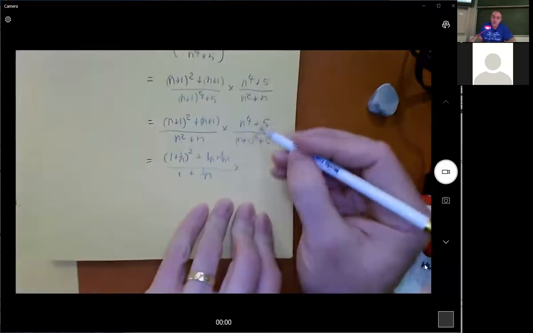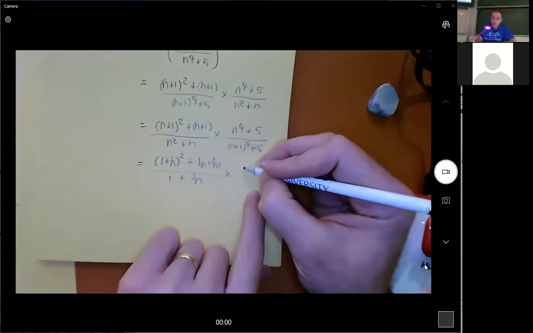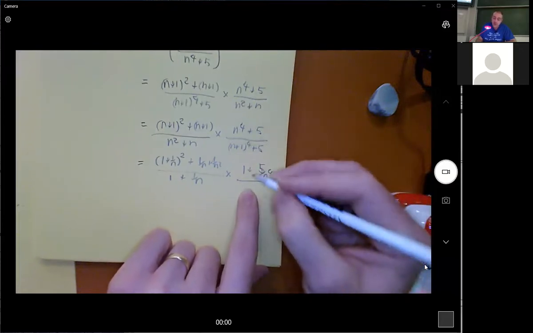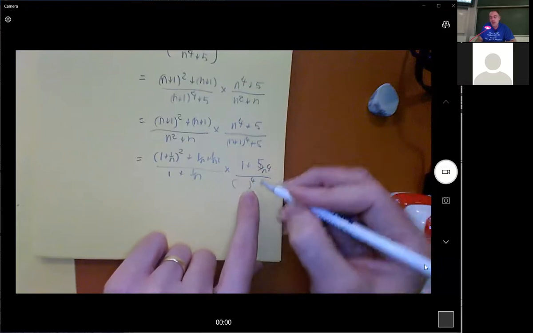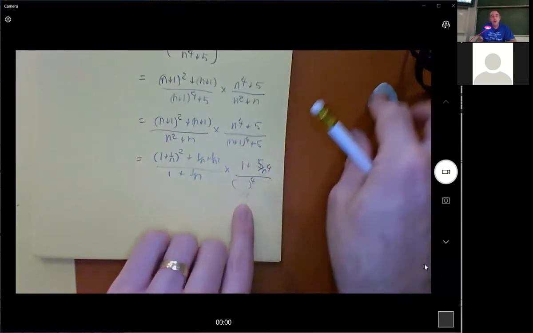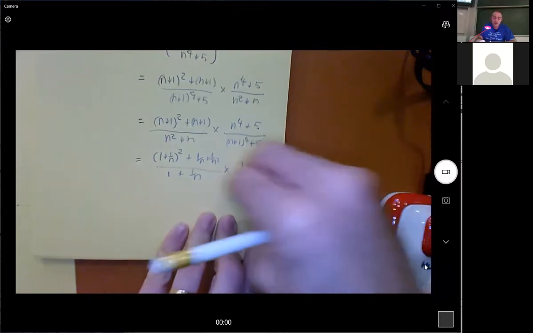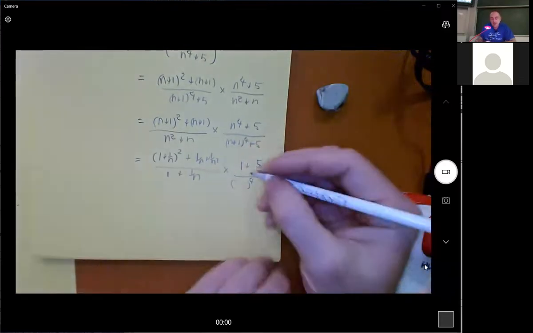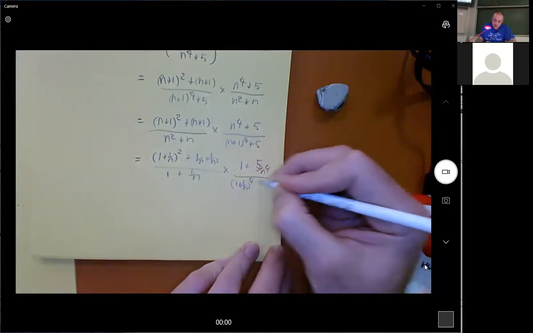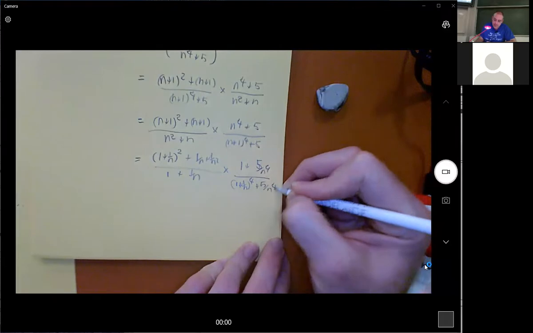And this one, I'll divide the top and bottom by n to the power of 4. So this will be 1 plus 5 over n to the 4. And this one will be n to the 4 divided by n to the 4, and because they're both to the power of 4, I can factorize that into the division. And so I'll have a 1 plus 1 on n here.